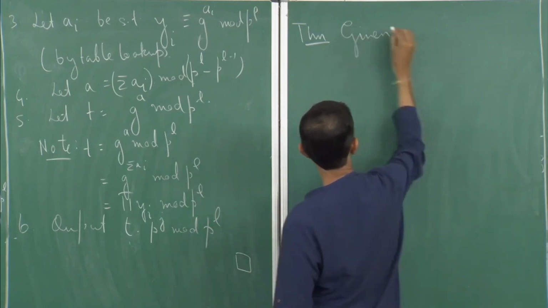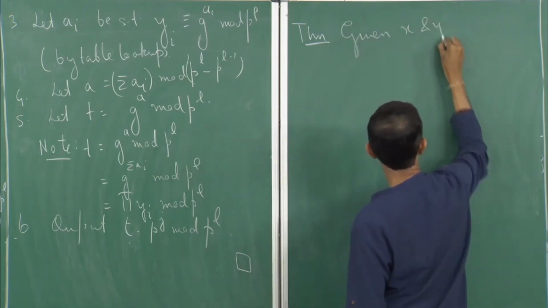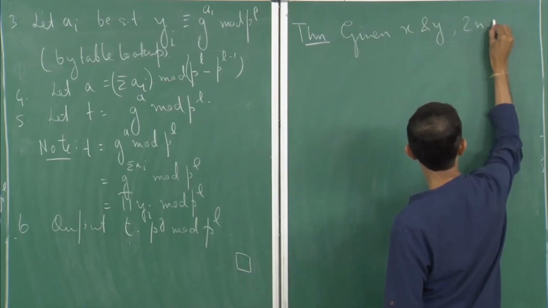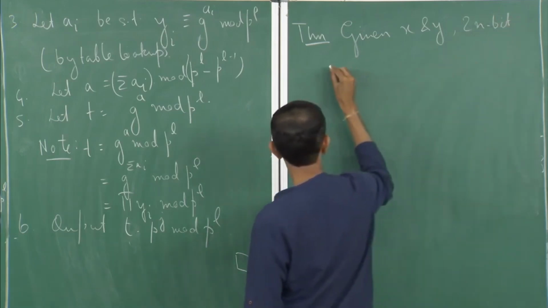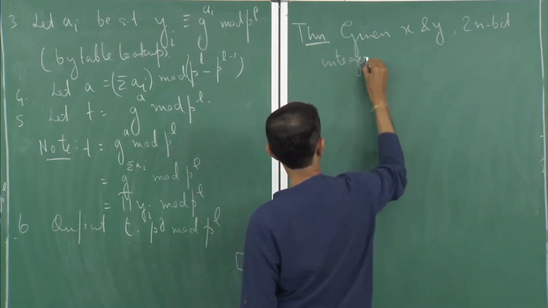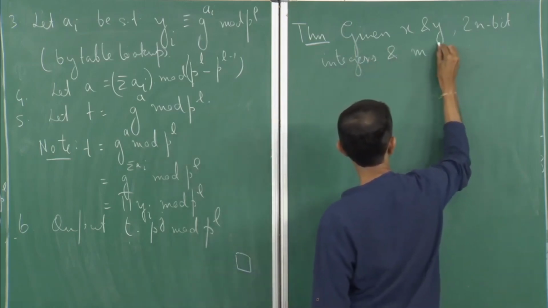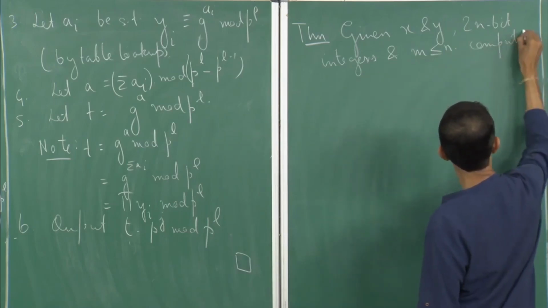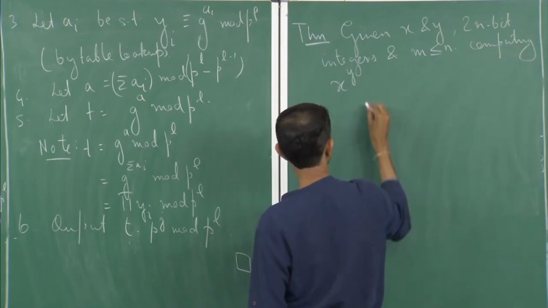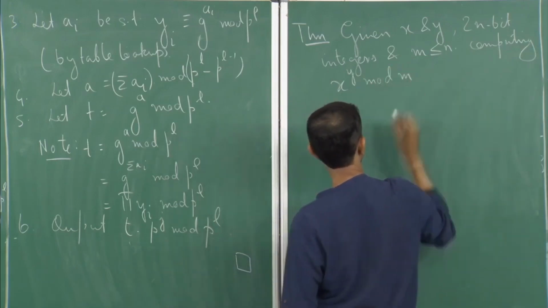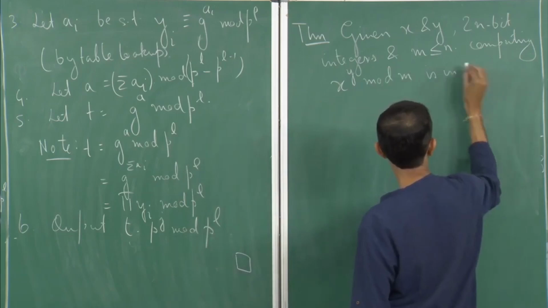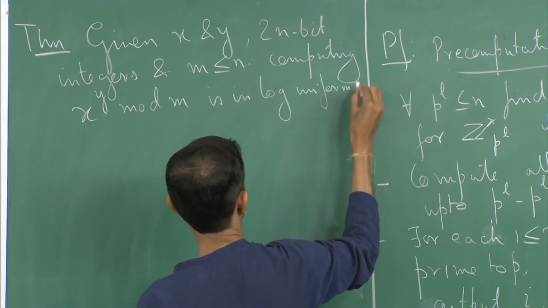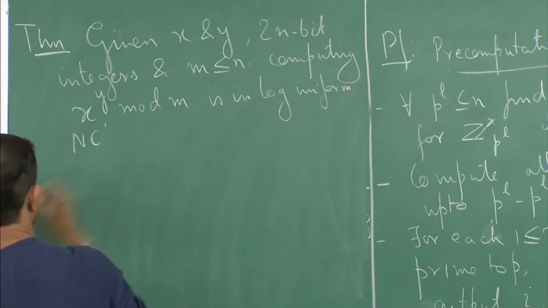Given x and y, two n bit integers, and m which is less than or equal to n, computing x to the power y mod m is in log uniform NC1.